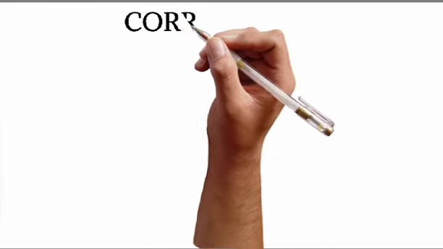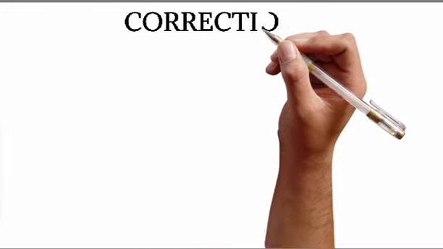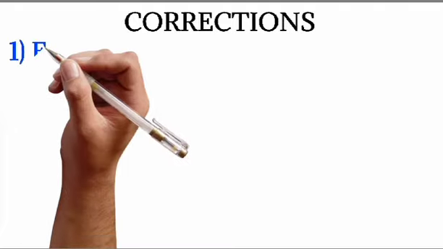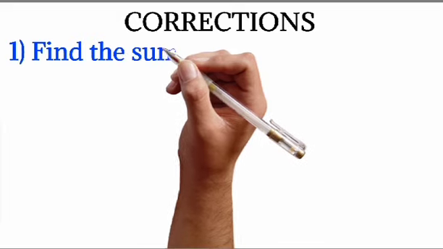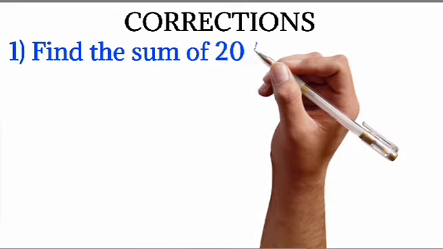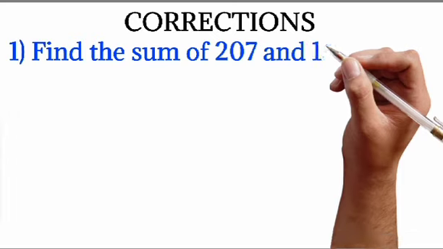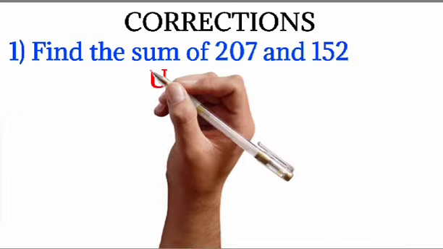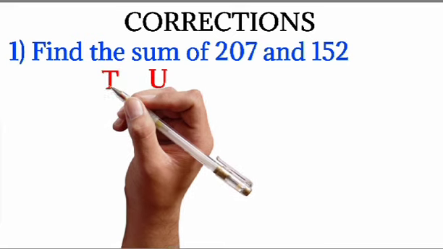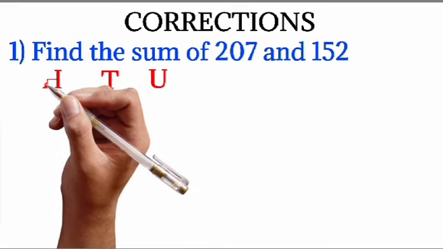Now let's see our correction to know if you are correct. The first one is, find the sum of 207 and 152. The first thing we always do is units, tens, and 100.